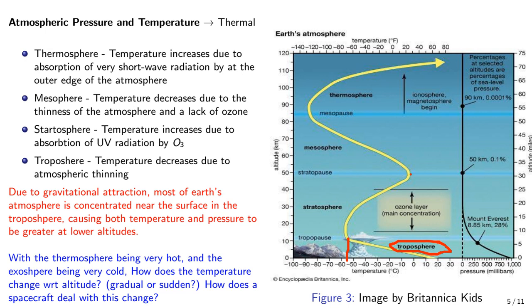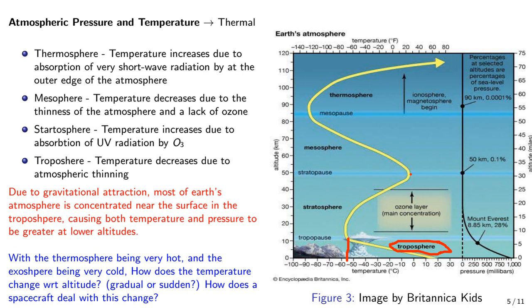In your stratosphere is where you have the ozone layer that protects the Earth from the radiation from the sun. Now you're at 50 kilometers height, and the temperature has increased from negative 55 to negative 10 degrees.